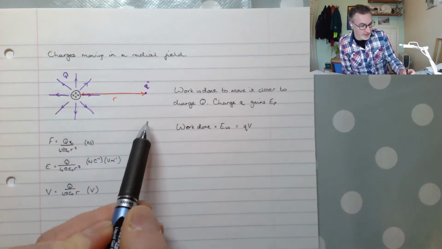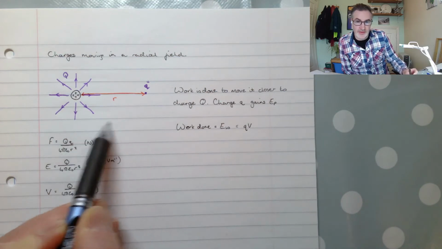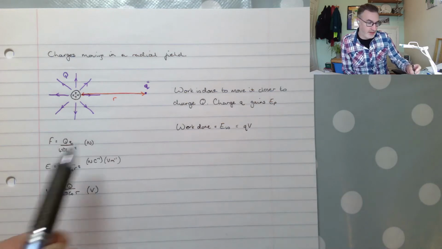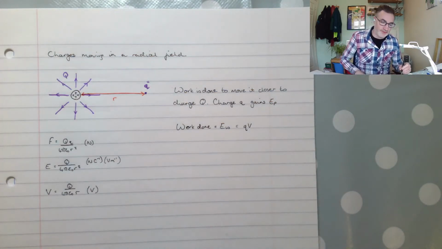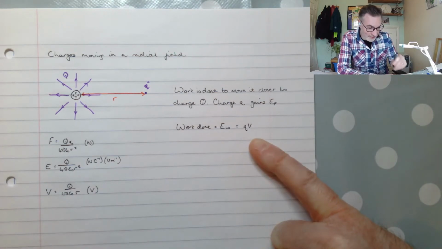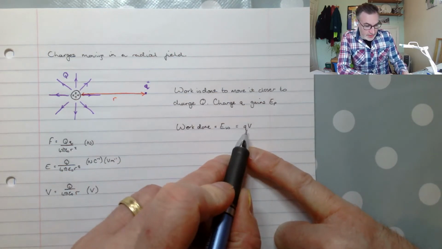You're not going to have a charge that's moving across around here because the maths would be too difficult. You would start to get a sort of orbital type thing going on here, which we're just not going to look at. So the work done, EW, is equal to QV.